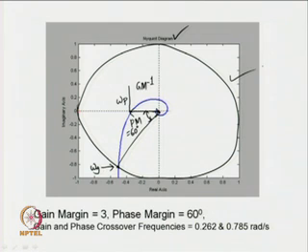calculated from the analysis. Now, what benefit we get, what information we get from all these margins? How far our operating point is from the unity circle or from the minus 1 plus j0 point, that gives us information about the stability of a system.